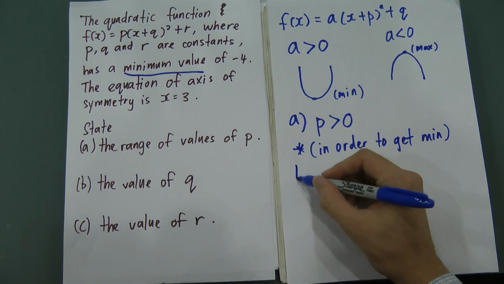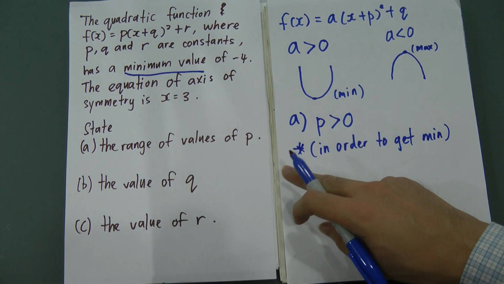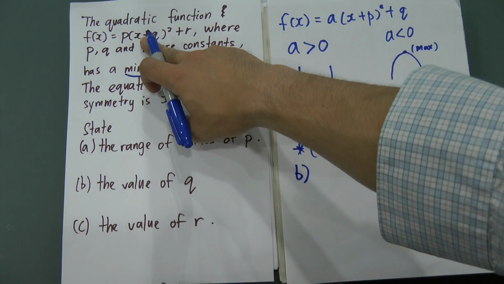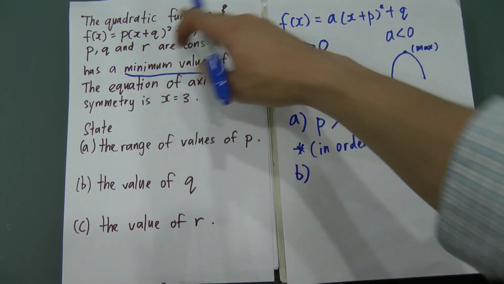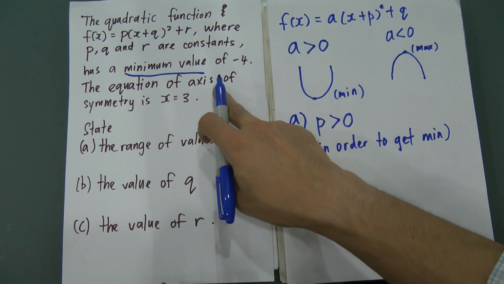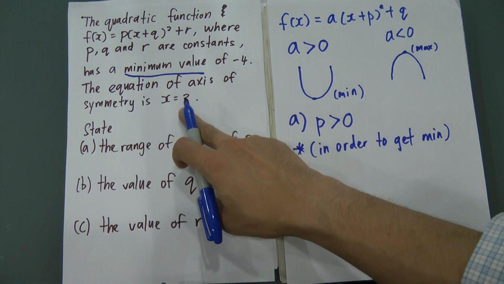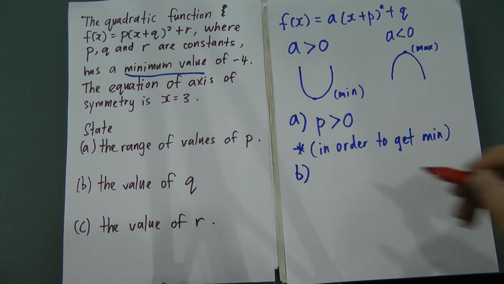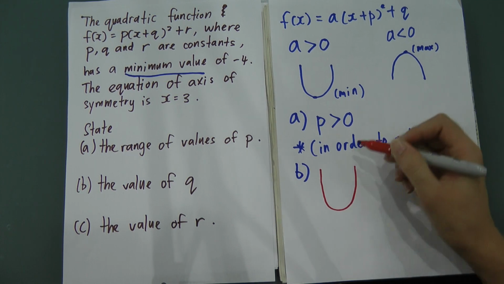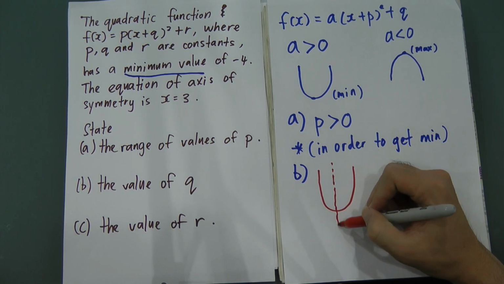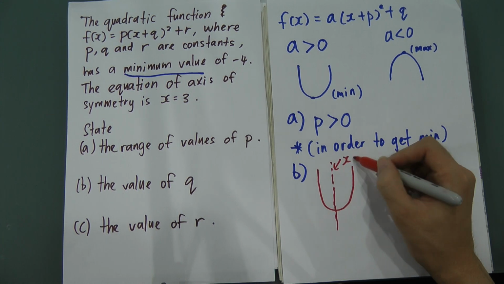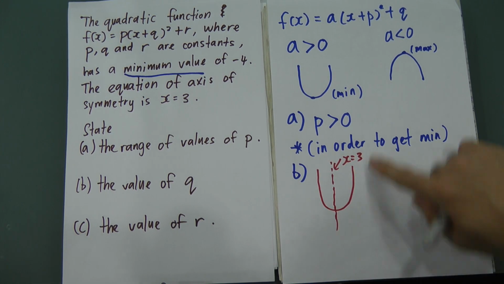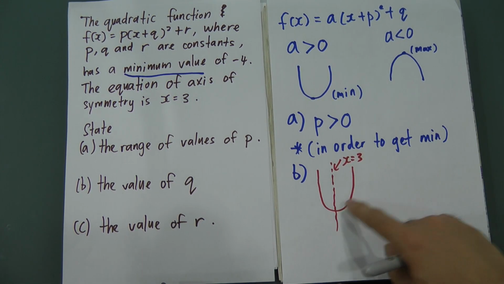For part B, the value of q. Look at (x + q). Very important: the equation of the axis of symmetry is x equals 3. This means this curve has a symmetry line, x equals 3, and the line of symmetry always touches the minimum point or maximum point.